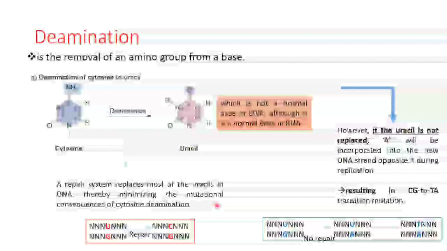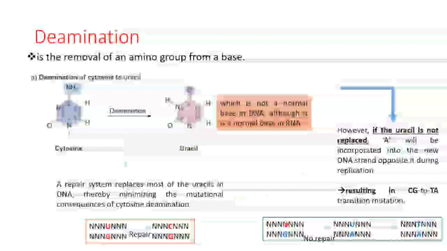However, if the uracil produced after the deamination of the cytosine is not repaired, we know that at the level of RNA, uracil matches with adenine, right? So here at the level of DNA, uracil will match with adenine.